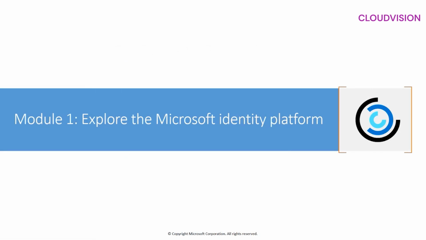Exploring the Microsoft Identity Platform is the very first topic. The Microsoft Identity Platform for developers is a set of tools that includes authentication services, open source libraries, and application management tools.